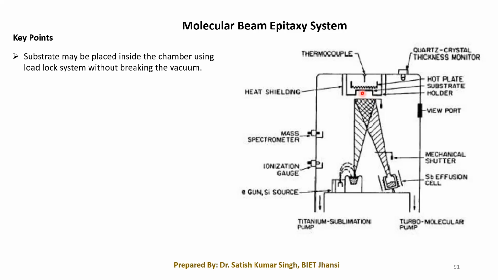Because of the bombardment there may be a chance of damaging the surface, but that bombardment is followed by another process called annealing. In the annealing process, we again heat up the substrate to 800 or 900 degrees centigrade, and that way we can recover those damages and clean the surface of the wafers.